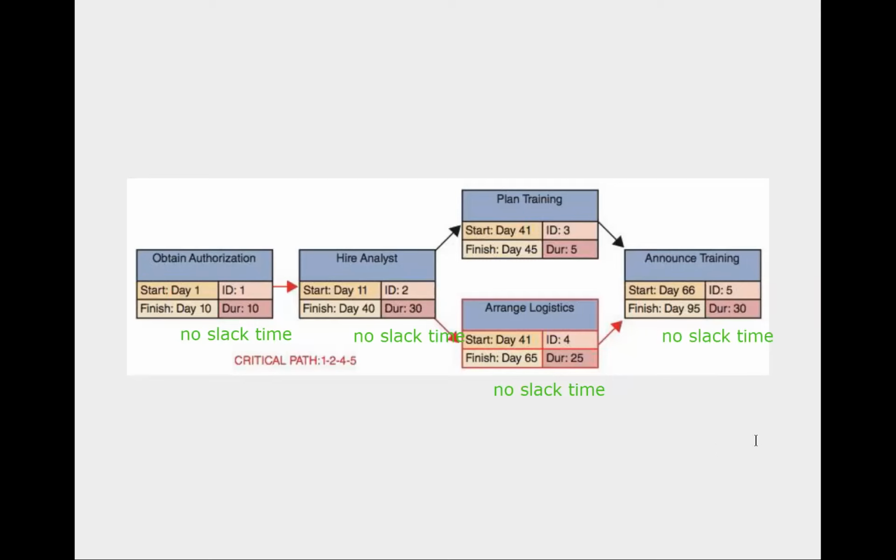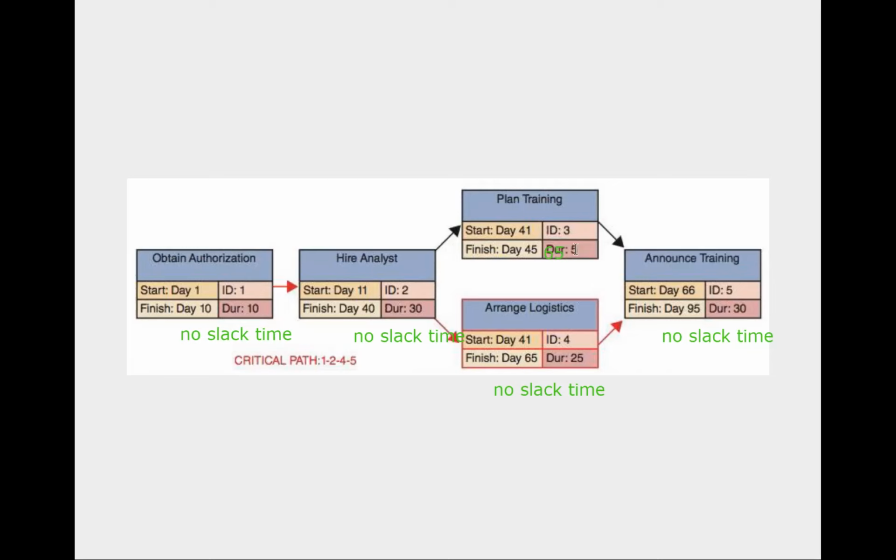Okay, now let's look at this one. Without affecting this, the latest possible date that we can finish is 65. So the latest possible date to end is 65, right?